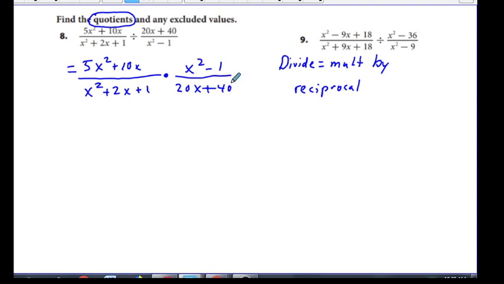Now we're going to look for our excluded values.